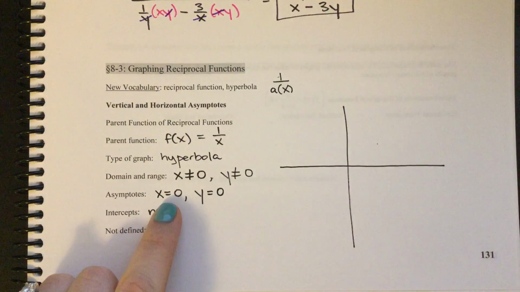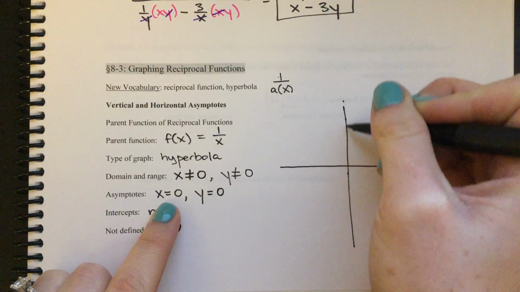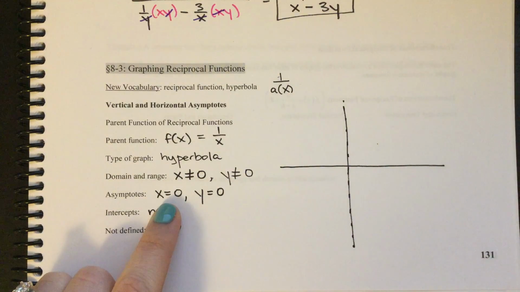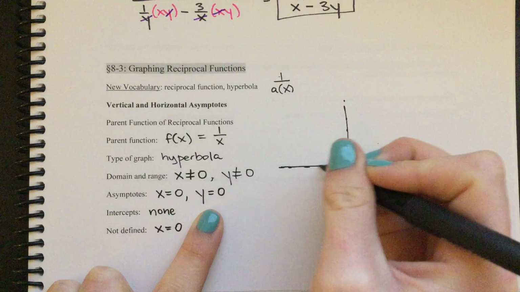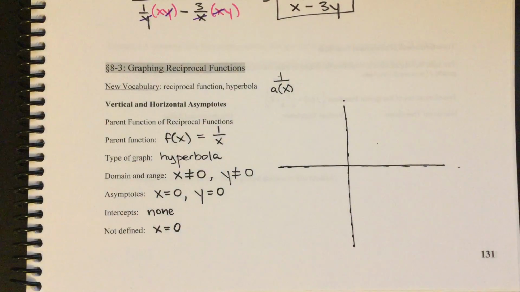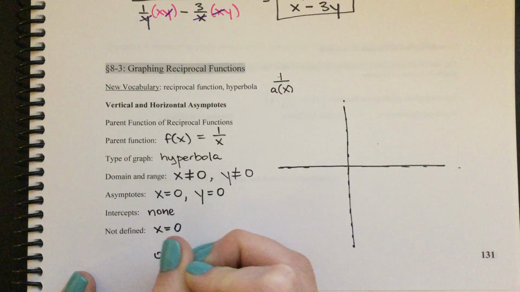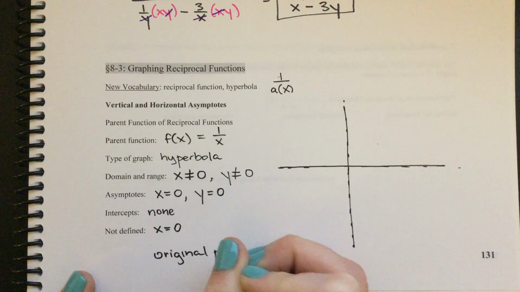So this vertical line right here is an asymptote. Technically, you've got a dotted line right there that your graph is going to get really close to, but won't actually touch. Same thing at y equals 0. That's a horizontal line. Then we've got 2 very important points. When we were doing log and exponential, we always had our original points, so that's what we can do here.